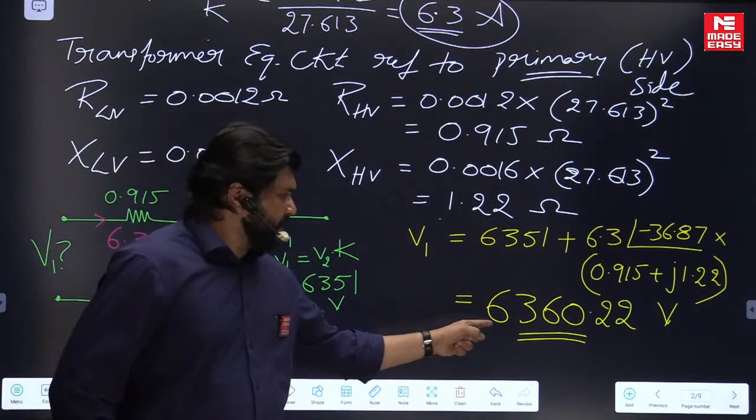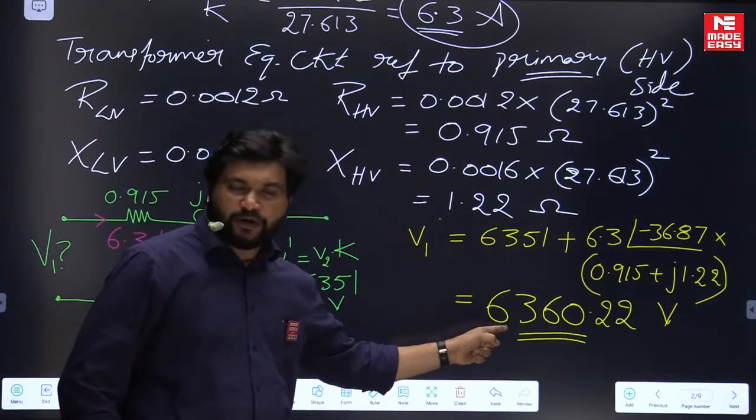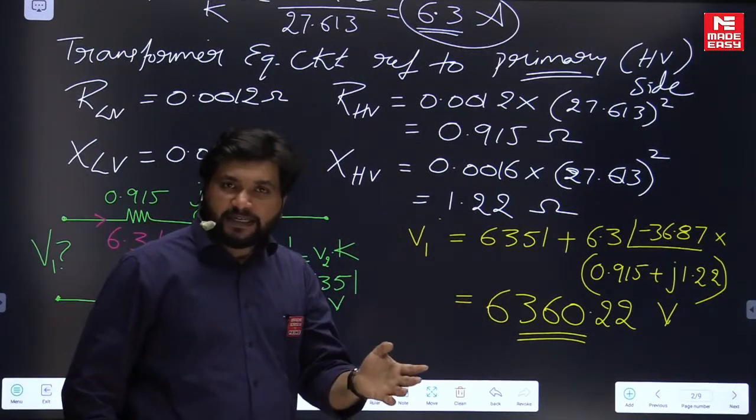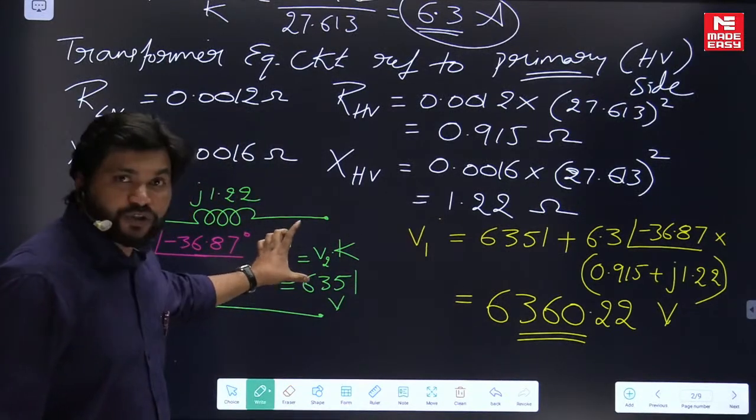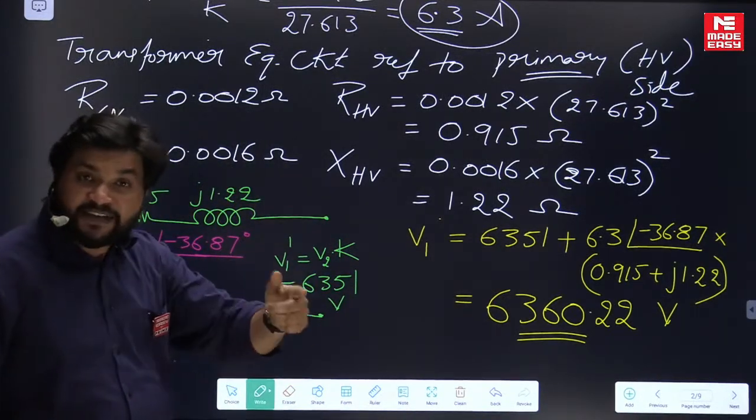So this should be the primary voltage across the transformer. It implies that, in order to maintain rated voltage across the given load. That's the meaning.